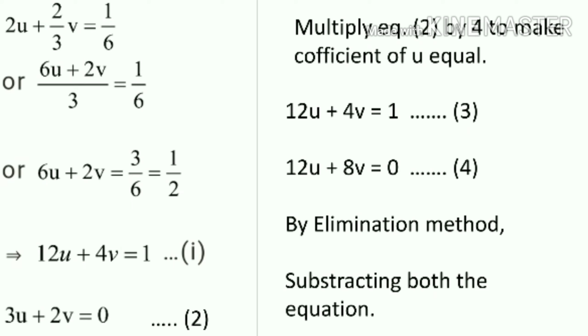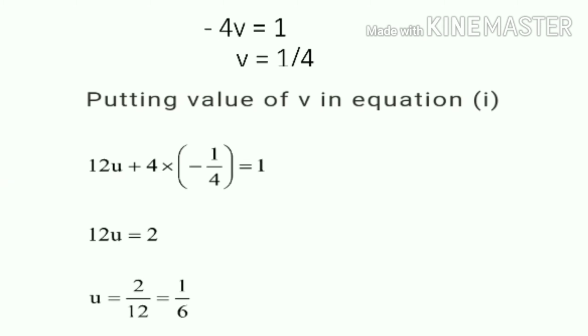By applying the elimination method, we subtract both equations. So when we subtract, 12u cancels on both sides, and 4v minus 8v is minus 4v is equal to 1, and v is equal to minus 1 upon 4. So we need to put this value of v in equation first.